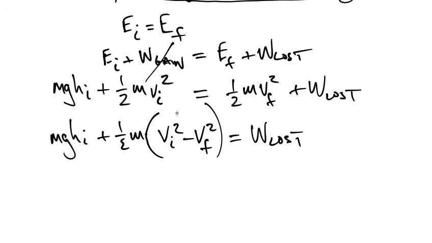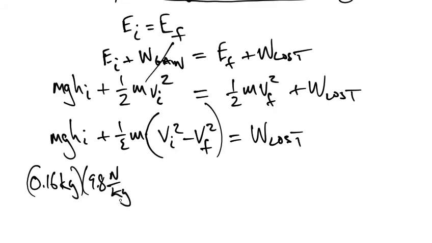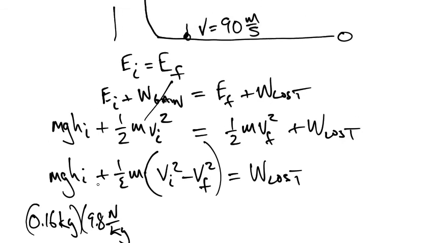Now, if we plug in our values, this is going to be 0.16 kilograms times 9.8 newtons per kilogram. Let's see, what did I do here wrong? Just a sec, let me ask my students.